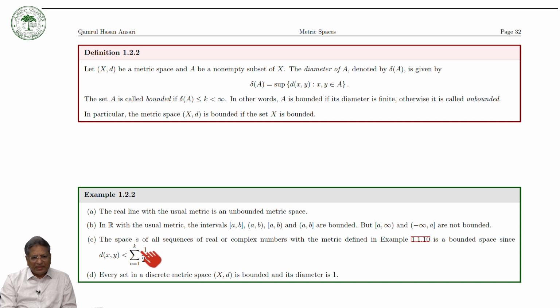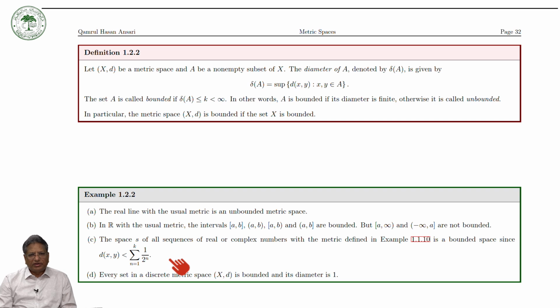Okay, and now you can very easily see that the discrete metric space is bounded, because in the discrete metric space the distance is either 0 or 1. So it is always less than or equal to 1. If you take any two points, you take the supremum, that would be less than or equal to 1, because it is either 1 or 0. So it is bounded, and the diameter of this set is 1.